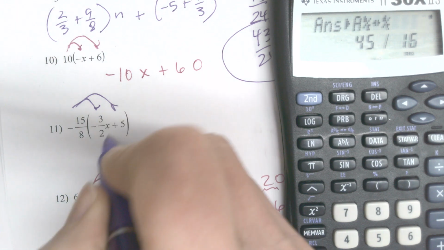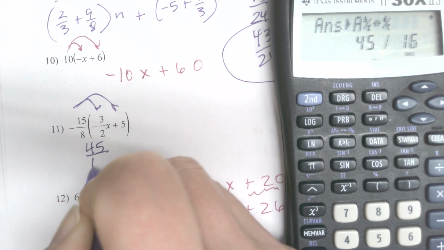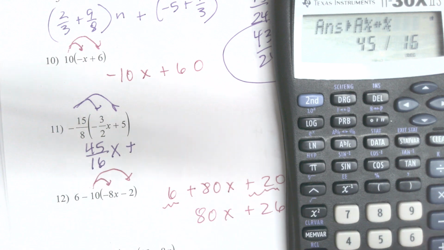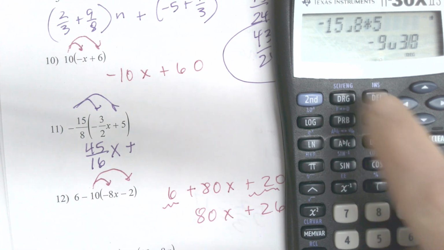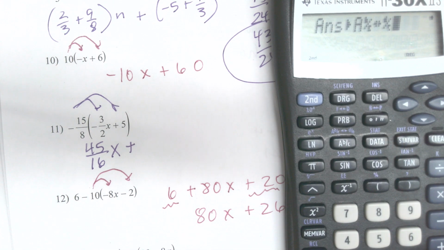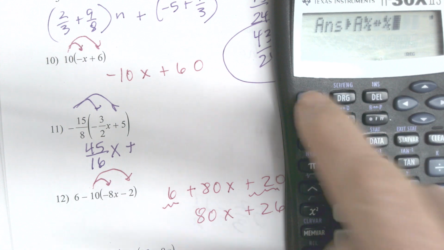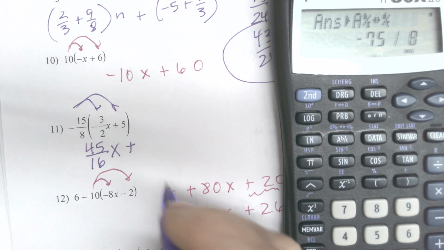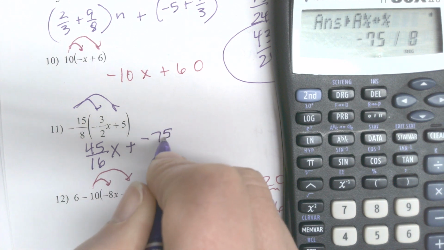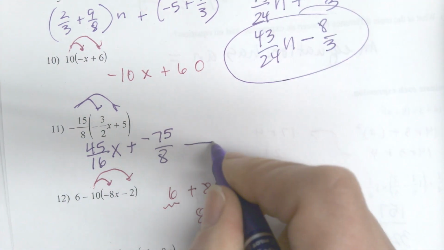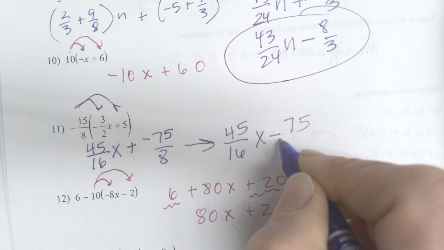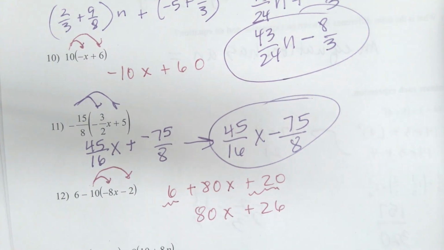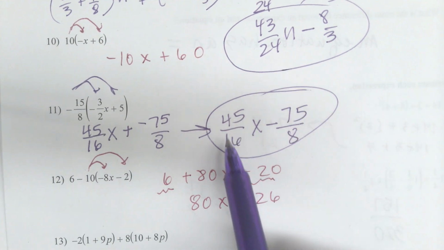So I have 45/16 x plus, now I have to do that again, -15/8, this time times 5, convert it, -75/8, so plus -75/8. Again, when I rewrite this, it's 45/16 x minus 75/8. That will be probably how the problem writes it.